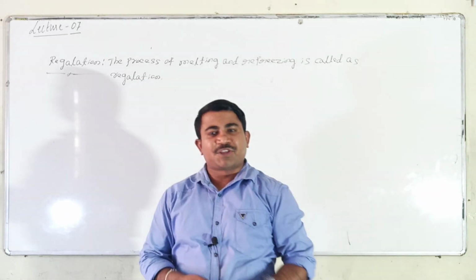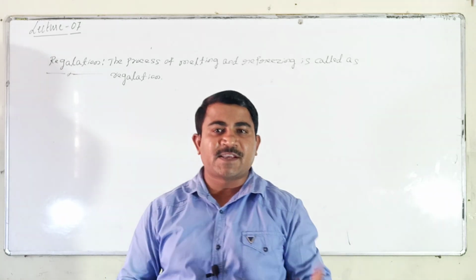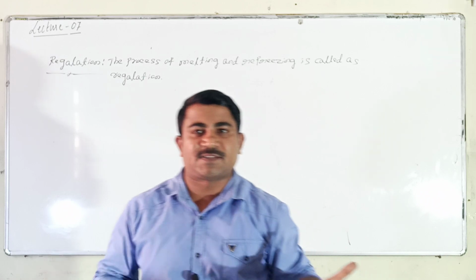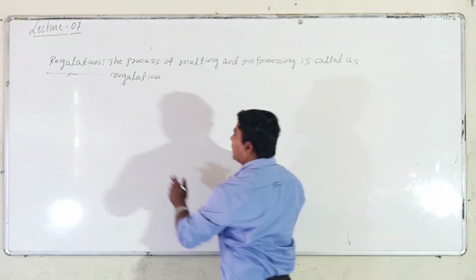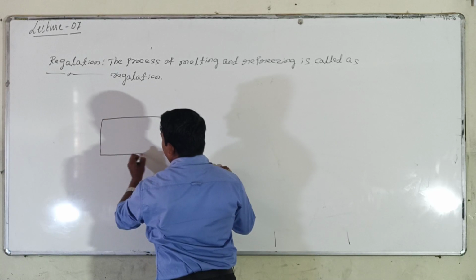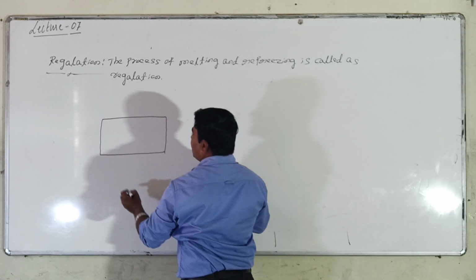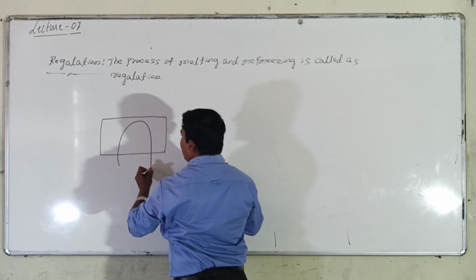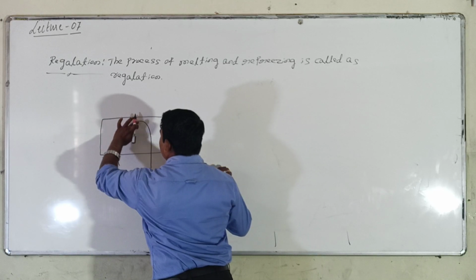See here. To understand the concept of regulation, I will take an ice cube. The ice cube is suspended by two very heavy masses. Look at me. This is the ice cube. In the ice cube I will take two high masses.